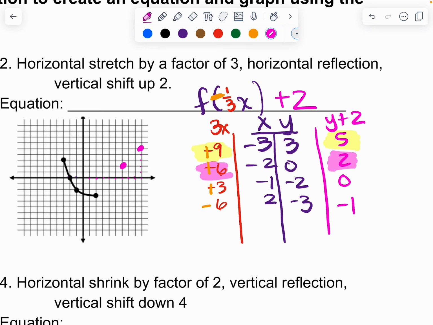And then I have 3, 0. And negative 6, negative 1. That really stretched it out. Look at that. That's a huge horizontal stretch.